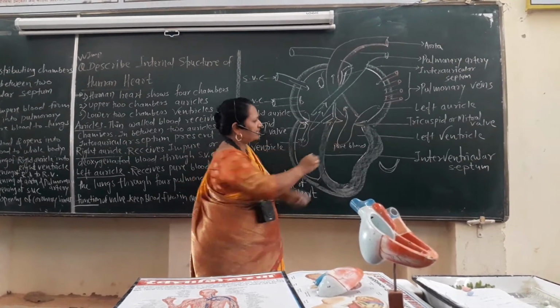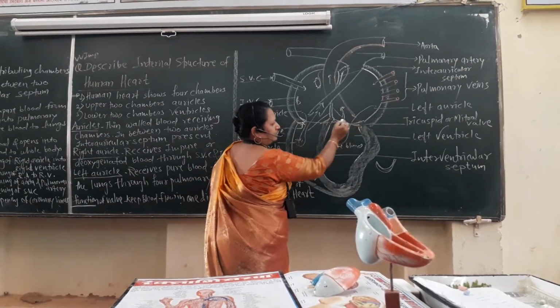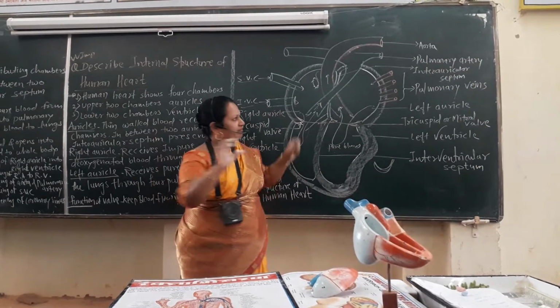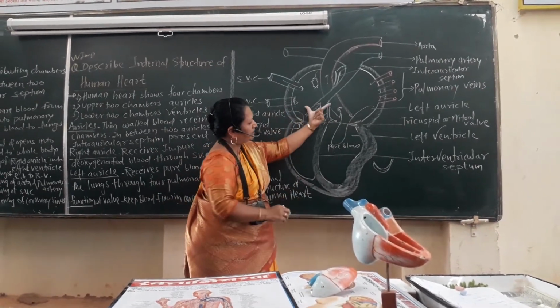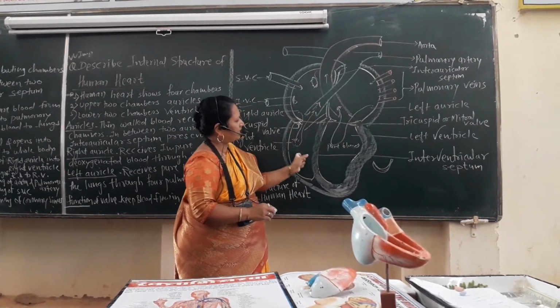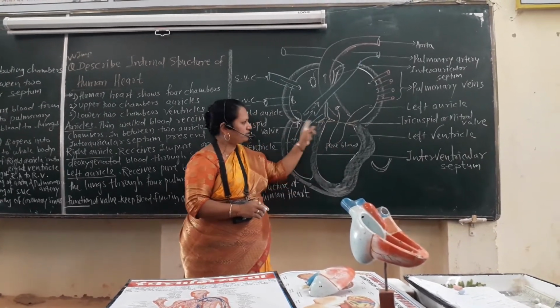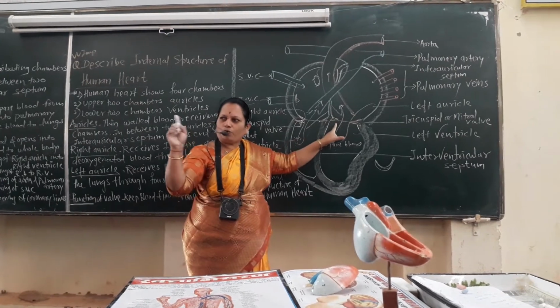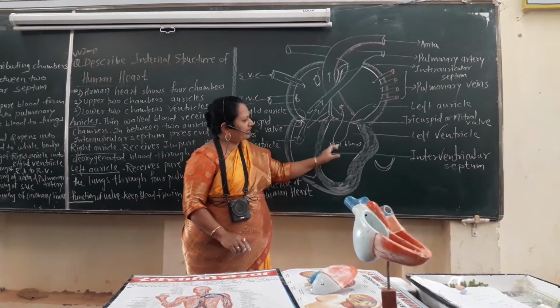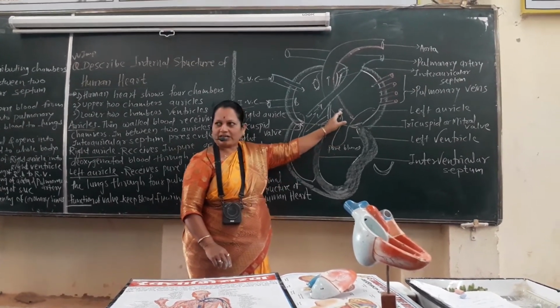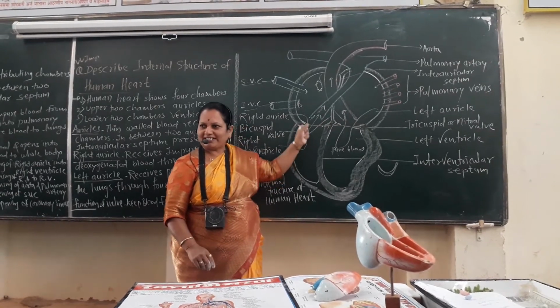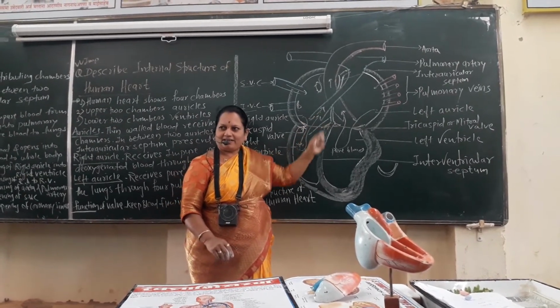When these two valves, tricuspid and bicuspid, are closed, and when auricles contract, at that time blood from right auricle enters into right ventricle and left auricle into left ventricle, and these valves get closed. So the only opening for pure blood is aorta, and for impure blood is pulmonary artery. Is it clear to you?